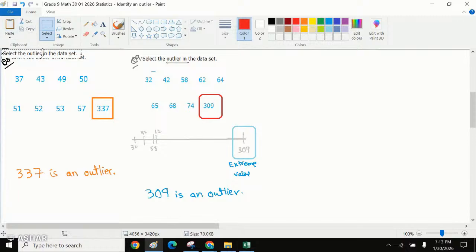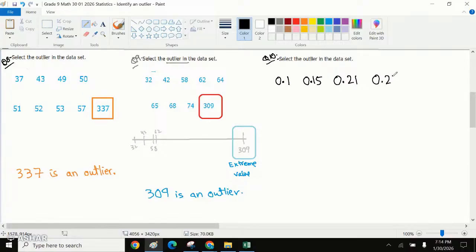For question number 10, if I say 0.1, 0.15, 0.21, 0.23, 0.31, and 0.36 and 0.98. Even if the numbers are in decimals, we can always have an outlier.